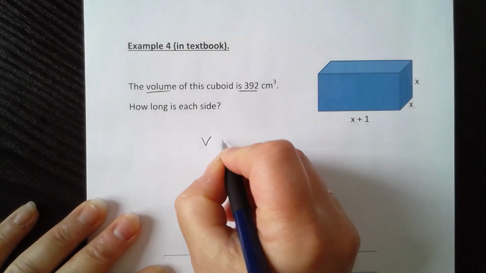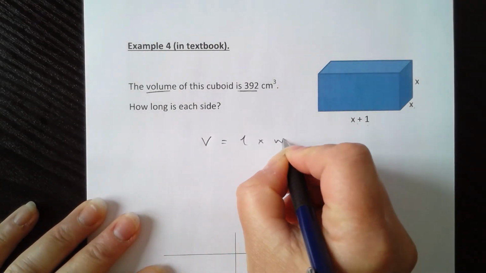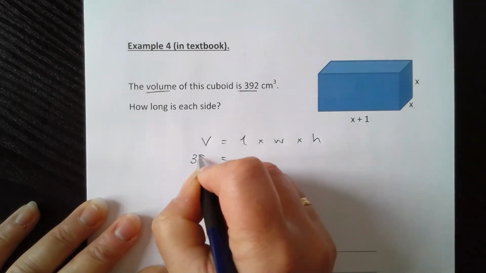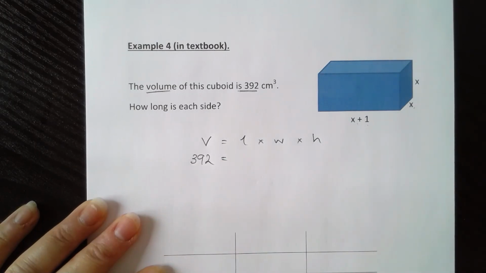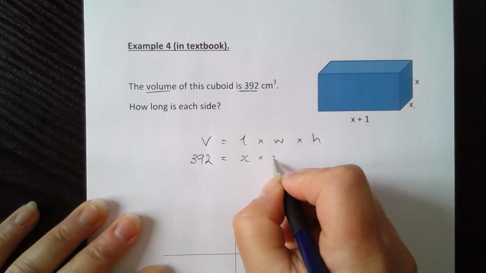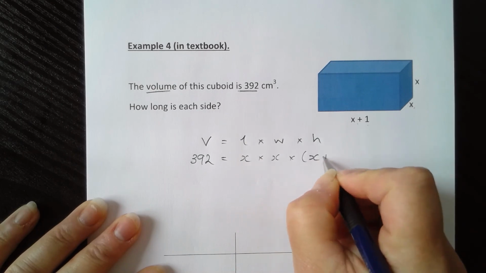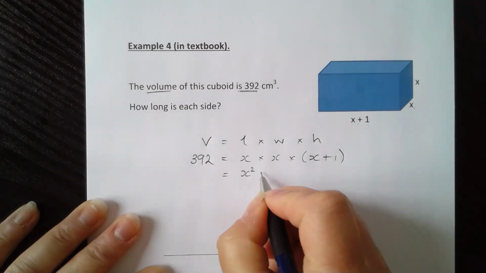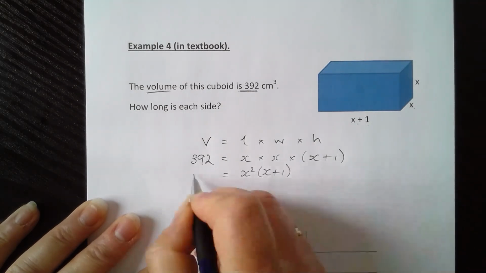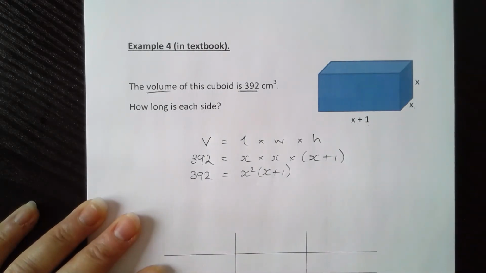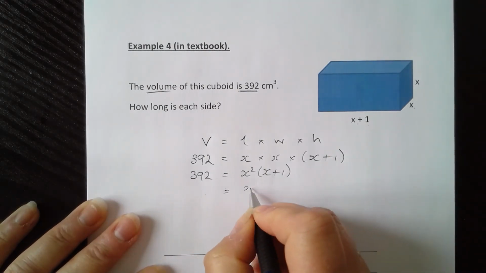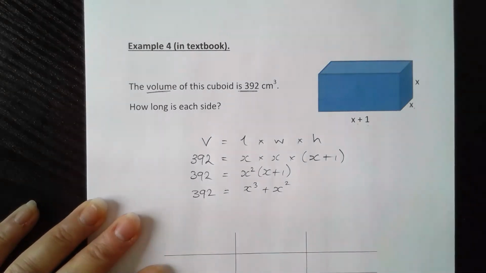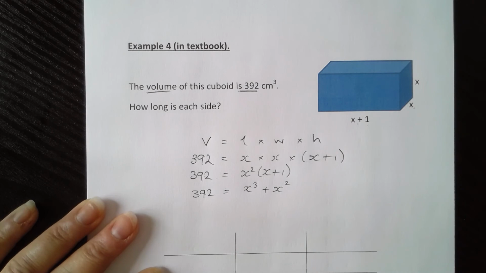So the volume of a cuboid is the length times the width times the height, which in our case, we know the volume is 392, so x times x times x plus 1. So x squared lots of x plus 1, and x cubed plus x squared is 392.